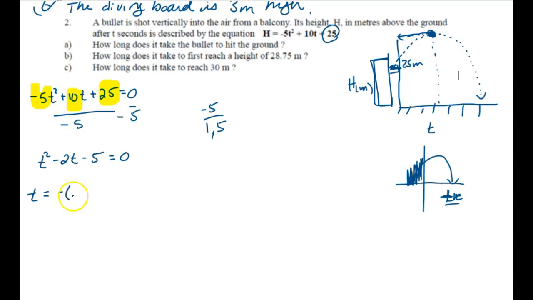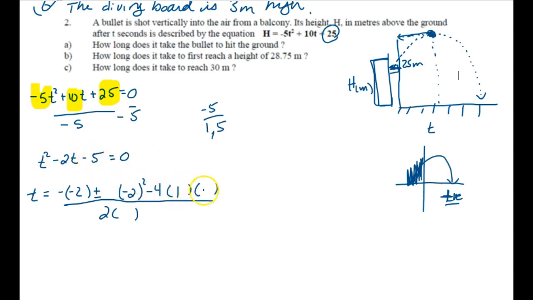So you get negative b, which is negative negative 2, plus or minus the square root of b squared, subtract 4 times a times c, all over 2 times whatever the a value is. So your b value is negative 2. Your a value is 1 from t squared.